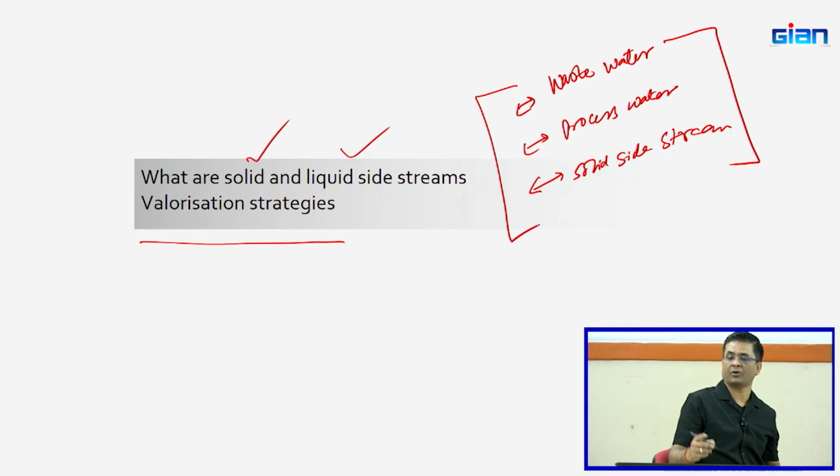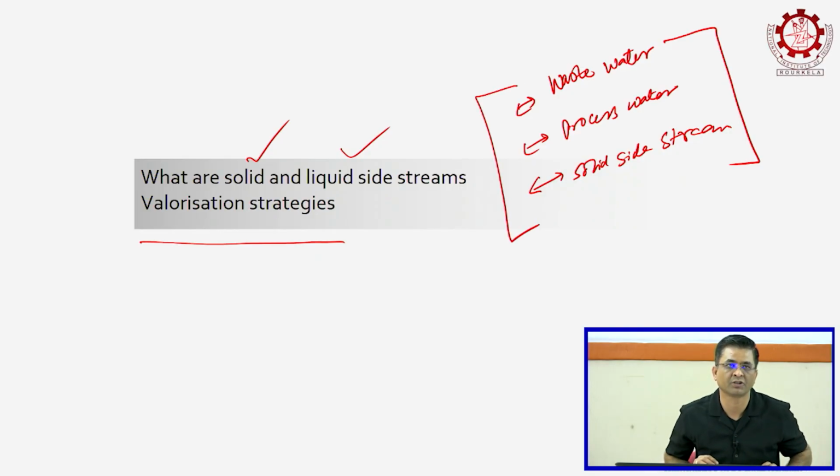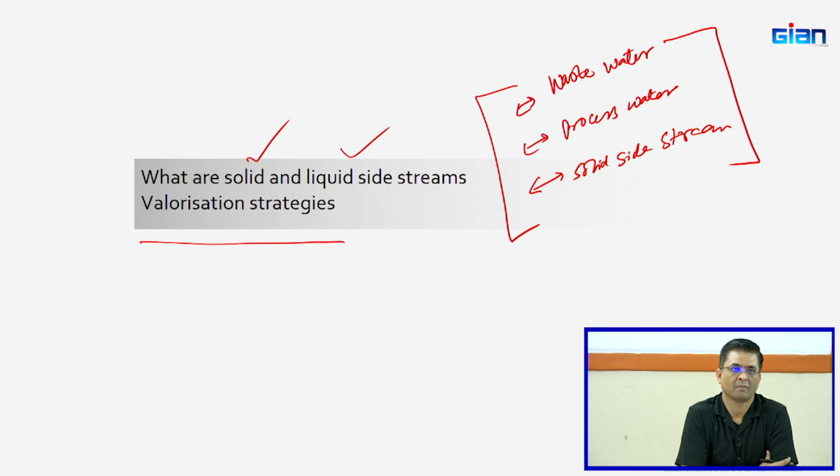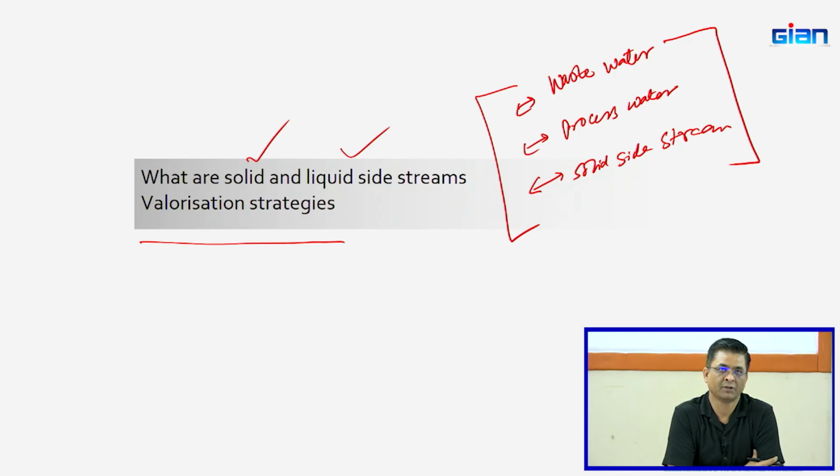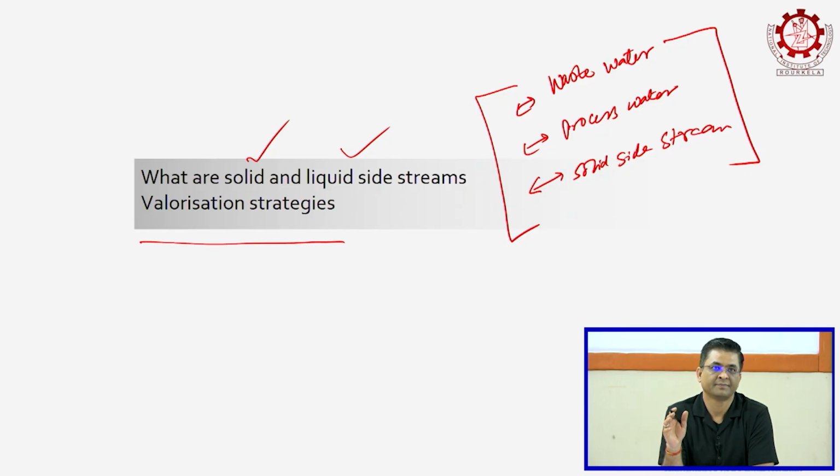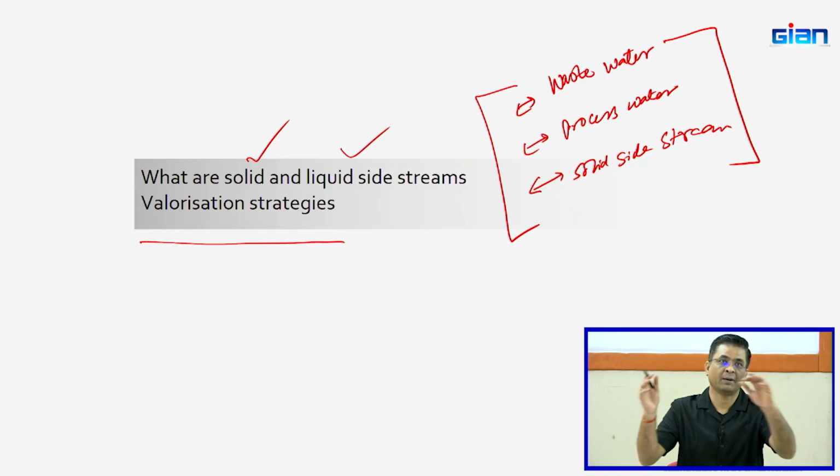Do you have any question related to this, how you can process it or how you can valorize it? Or if you have any suggestion, are you more confused? Because as we go along, the confusion level might increase, because there is a lot of thinking process you have to do to establish the processes.